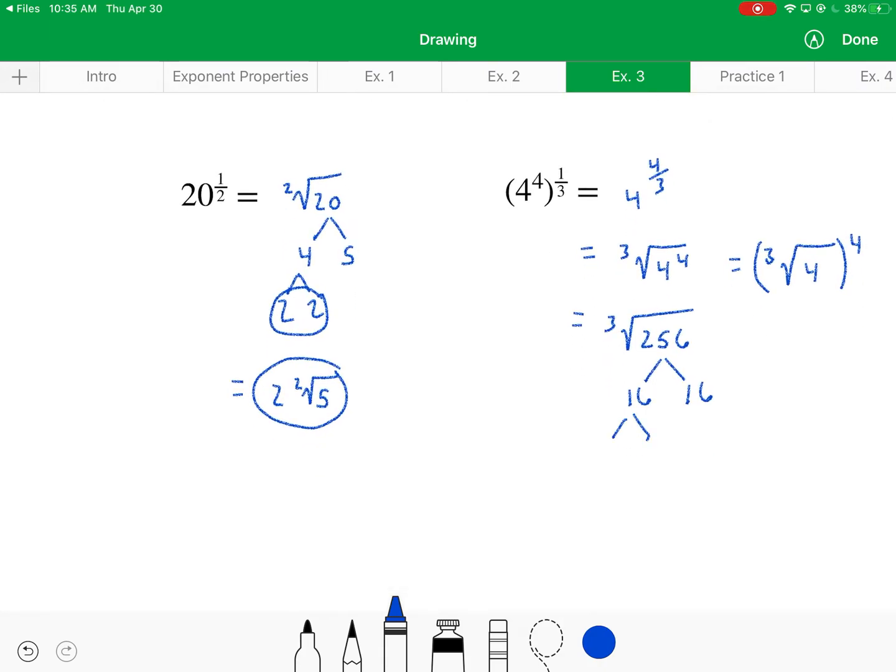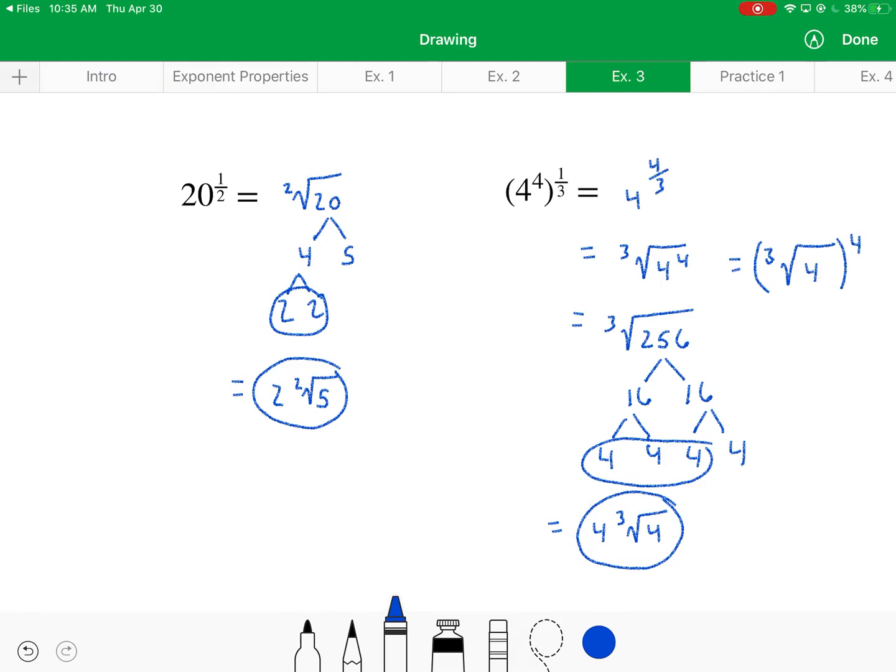Then you've got, let's just go 4 and 4, 4 and 4. And I could break this down further, but I'm noticing right here's 3 4's that can be pulled out with 1 4 left over. So this is going to simplify to 4 times the cube root of 4. Done.